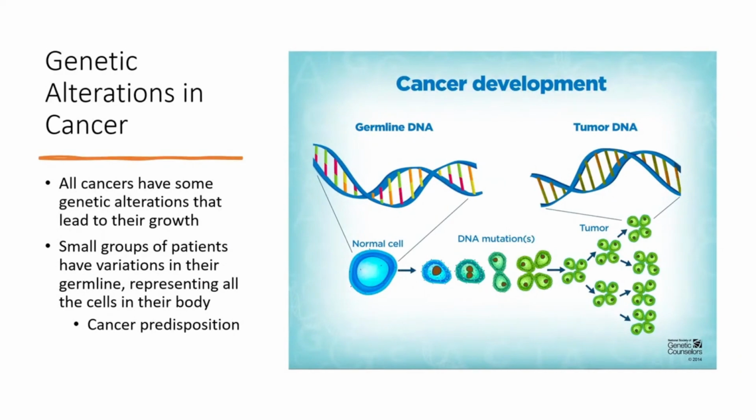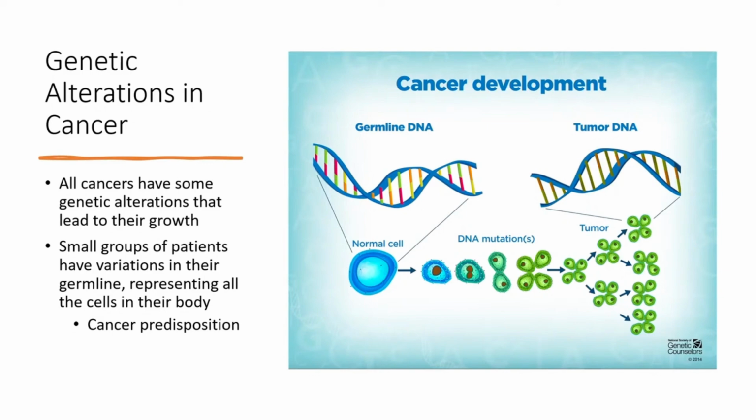When we think about genetics in cancer, we have to make a distinction between changes in the DNA in our whole body, what we term germline changes, and what happens in just the tumor itself. There can be alterations, and are alterations, that are not present in all the cells in our body but are really present in the tumor.